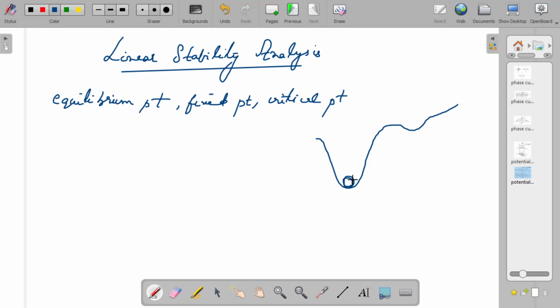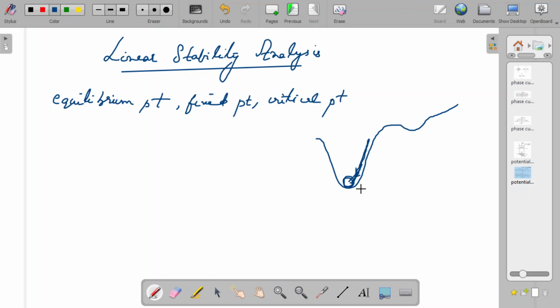If I give a displacement to the ball, depending upon the energy I give, the ball may sometimes go like this, but since the potential well is quite deep, the ball will come back. And if you go like this, it will come back. You have to give that much energy to overcome this potential. There is a very big barrier here.